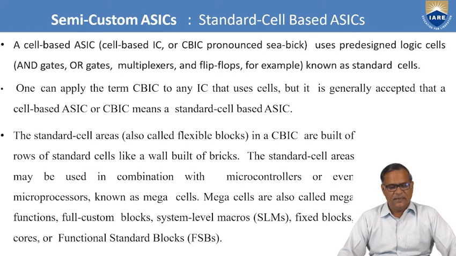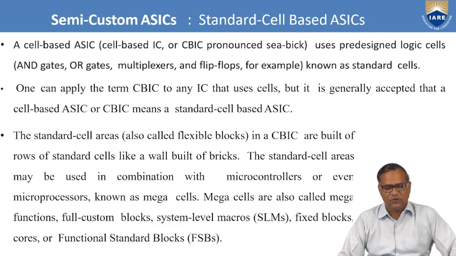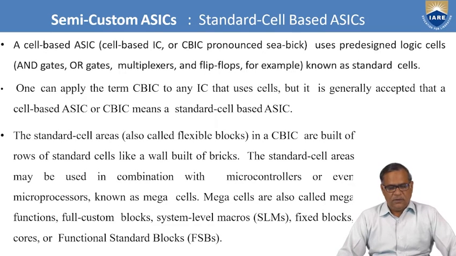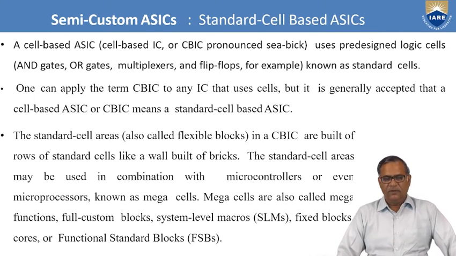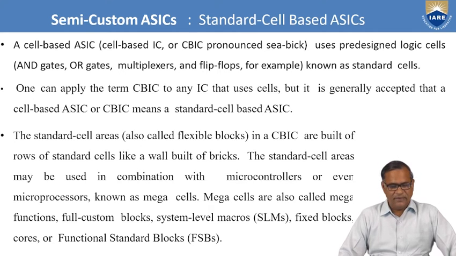The standard cell areas may be used in combination with other modules like microcontrollers or even microprocessors, known as mega cells. These mega cells are also called mega functions, full custom blocks or system level macros or fixed blocks, cores or functional standard blocks.